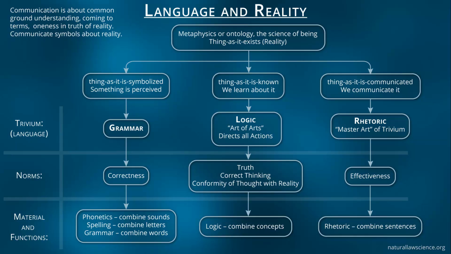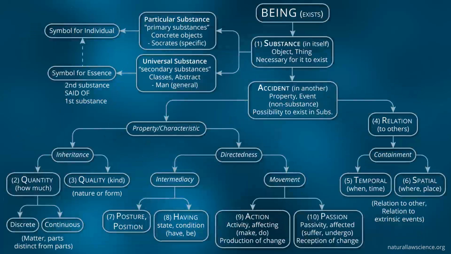So, from being, we have the particular and the universal, and we have 4 pre-predicamenta, which I'll explain later, after the 10 categories.